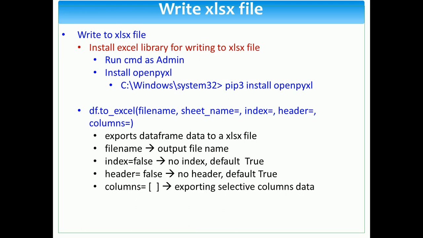Then there are other things like index, whether you want an index or not, and header. Similar to what I explained for reading, if you give false then there is no header; the default is true, which means it will create the file with a header. Then if you want to do selective exporting of columns, let's say you have 10 columns in a file and you want only 5 of them, you can specify the columns from where to where. So the columns can be given, that is selective exporting of columns.